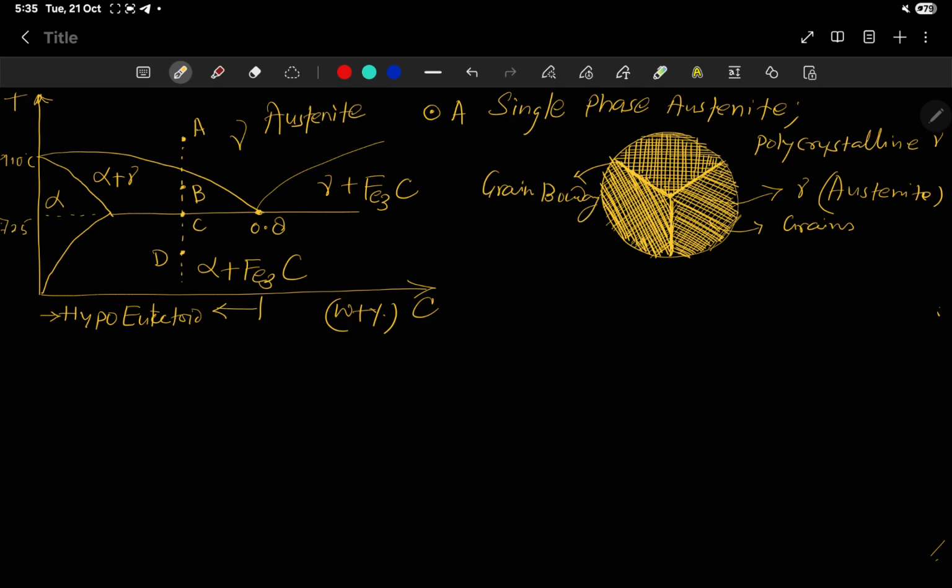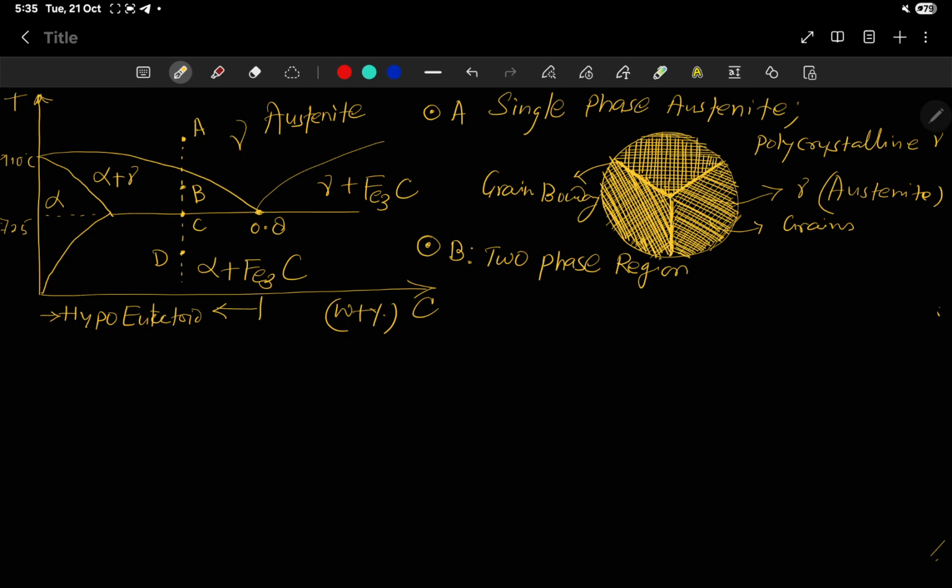Right, now let's see what is happening at point B. Point B is present in the two phase region.